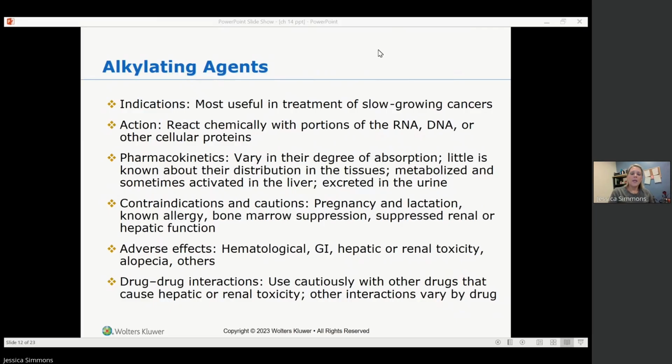So, indication is most useful in treatment of slow growing cancers. They react chemically with portions of the RNA, DNA, or other cellular proteins, and vary in their degree of absorption. Let's see.